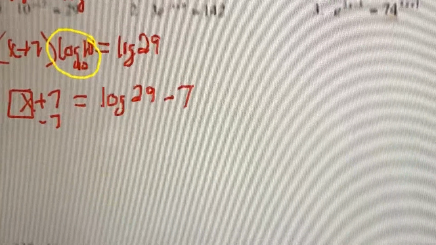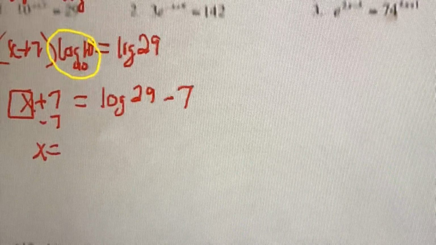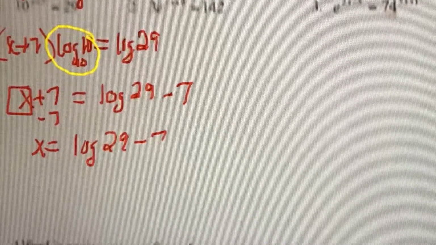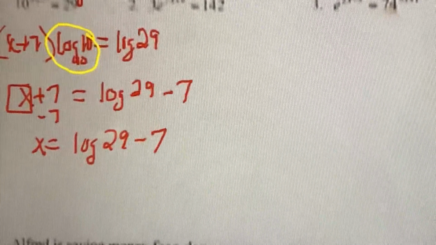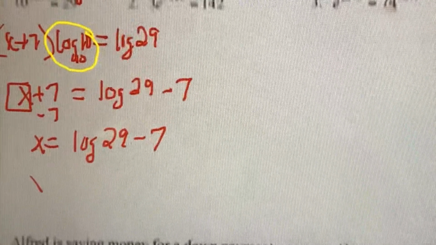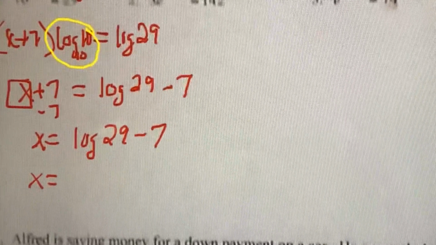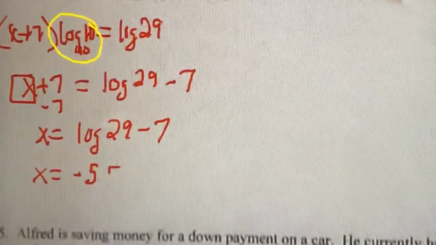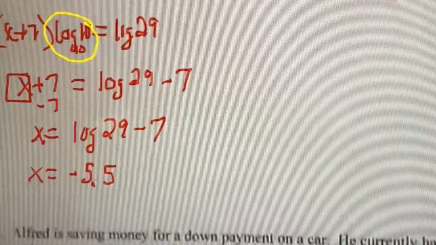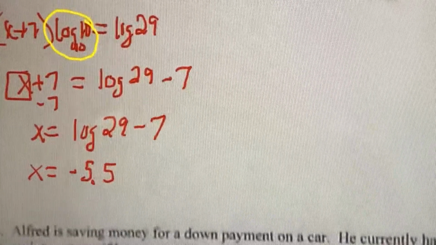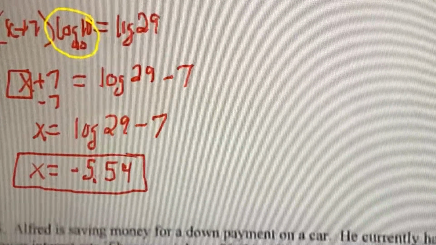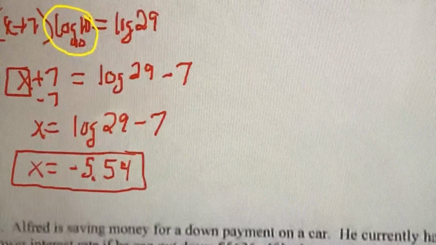So x is equal to log of 29 minus 7. Just enter that into your calculator as is, and you get x equals negative 5.54. And that's all there is to it.